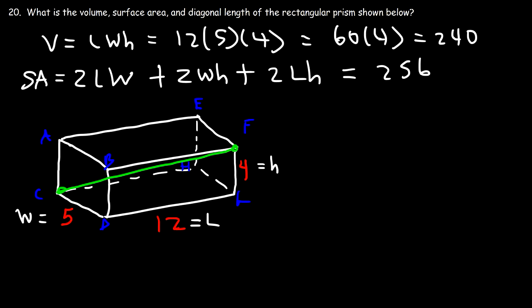Well, let's design a formula that's going to help us to get the answer. First, let's draw a line between point C and point G. So notice that, let's call this Z. Notice that we have a right triangle. So we can say that Z squared is equal to L squared plus W squared.